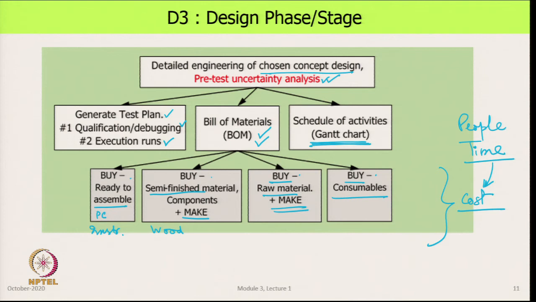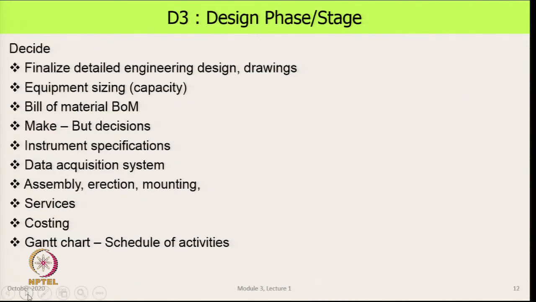So, the design phase gives us in much more detail, right down to the little nitty-gritty details of how this whole thing has to work out. So, the outcomes of the design phase, or at the end of it, what do we decide? A detailed engineering design with all drawings.